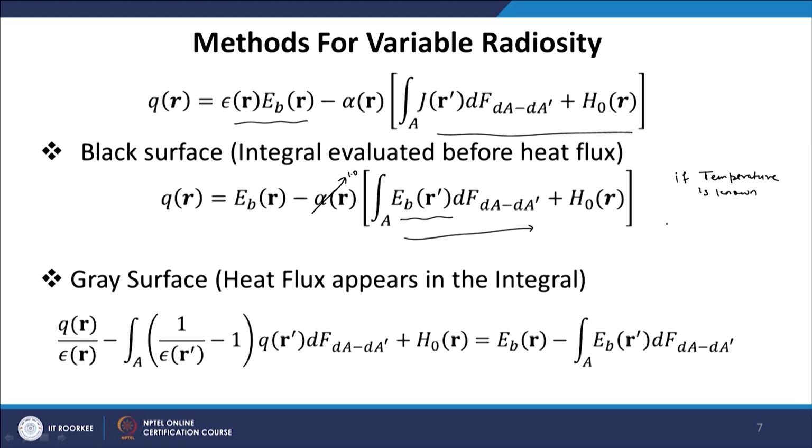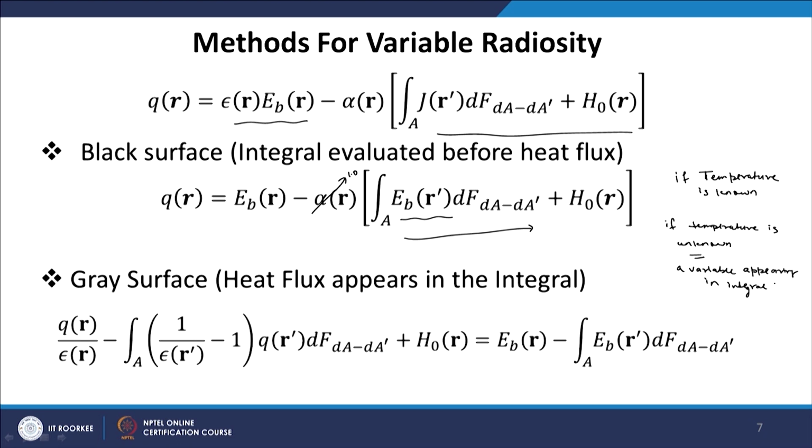So, if temperature is unknown, then we have basically a variable appearing in the integral, and then it becomes an integral equation. It is not an algebraic equation anymore, it becomes an integral equation, and this fact is much more manifested in gray surfaces.